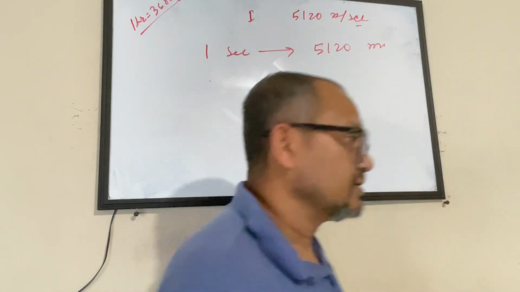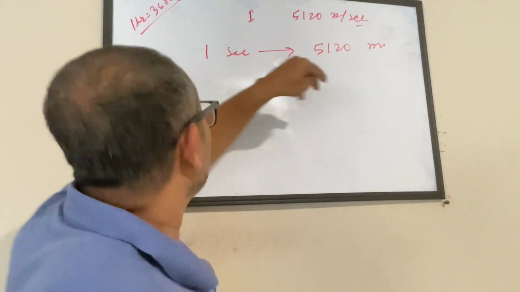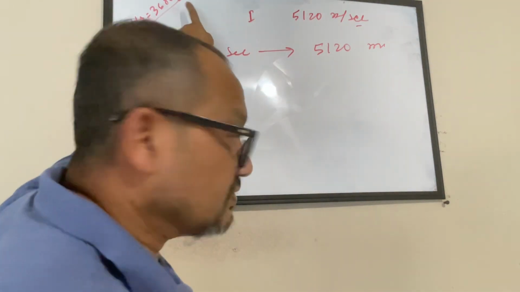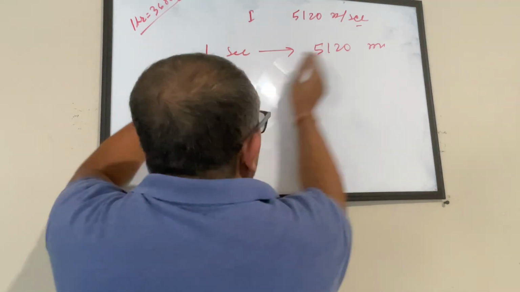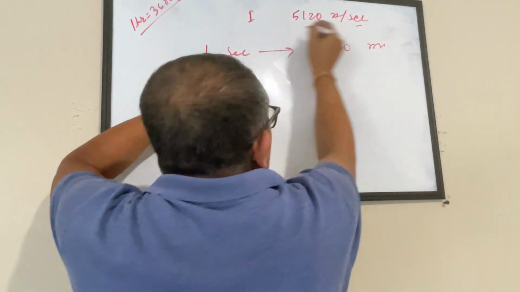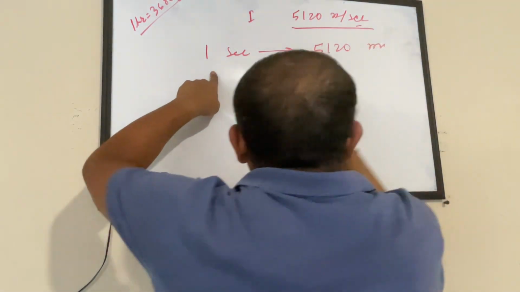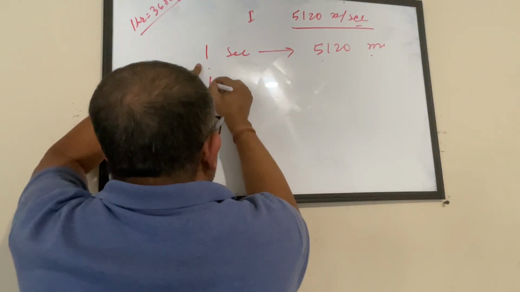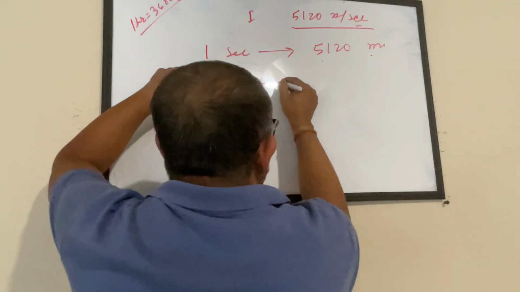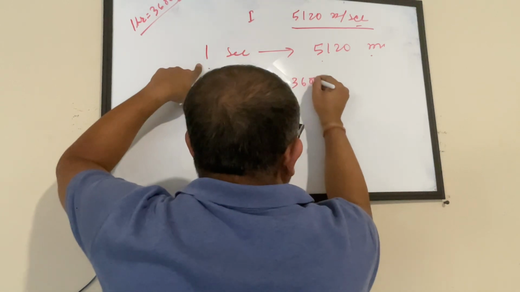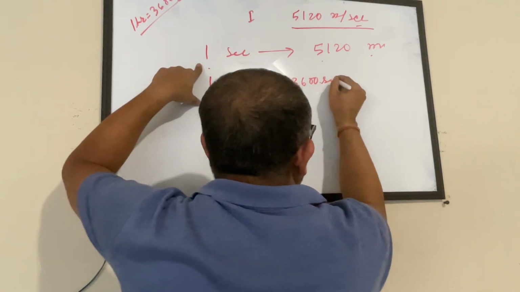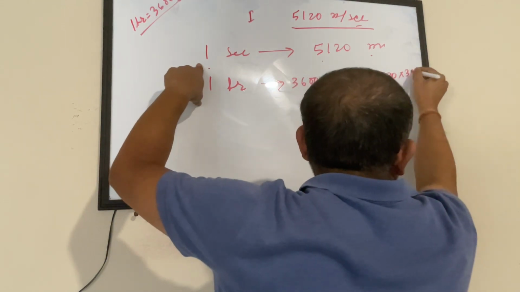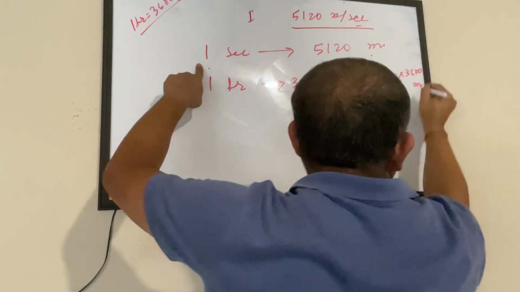Alright, so coming back to this, what we are trying to recall is 1 hour equals 3600 seconds that we found out, right? So now coming back to this one, it says 5120 meter per second, meaning in 1 second it travels this many meters. So if I'm talking about 1 hour, which is 3600 seconds, it will travel 5120 multiplied by 3600 meters.